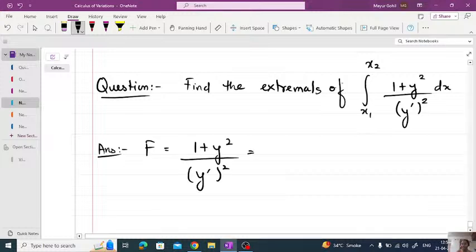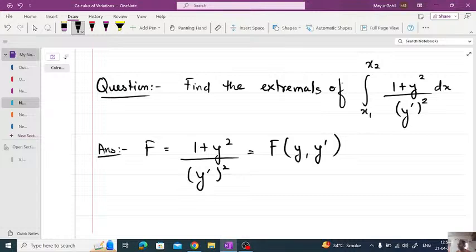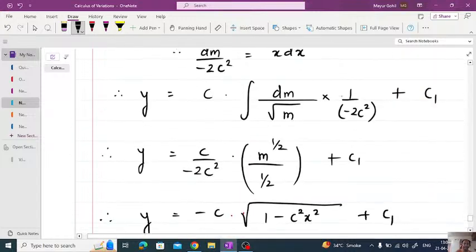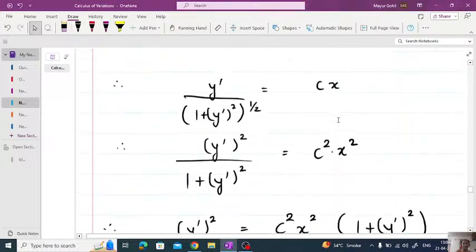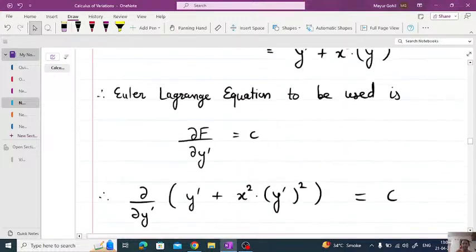All of you, I would like you to check which formula of the Euler-Lagrange equation will be applicable, because my function over here is only in terms of y and y dash. So y and y dash are there. X terms are not there. Which formula will be applicable? I'll show you the formula that we have gone through so far.